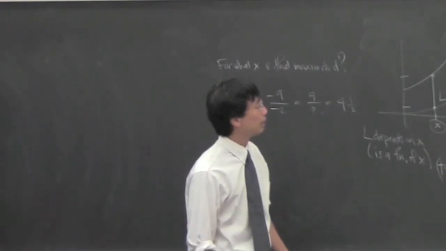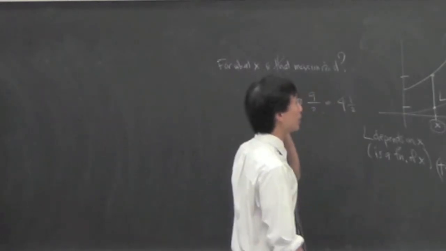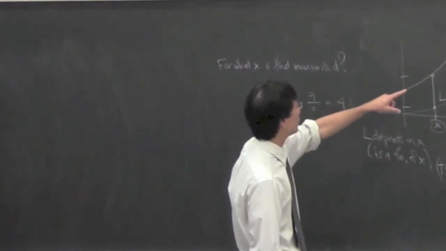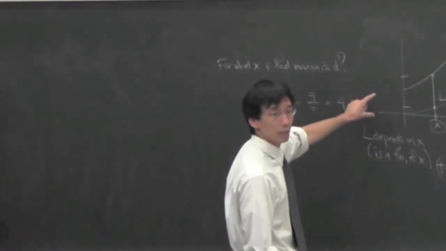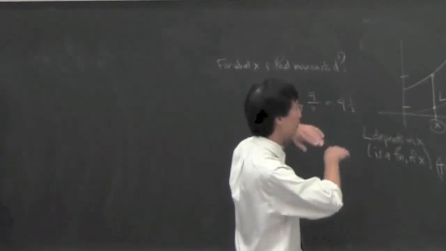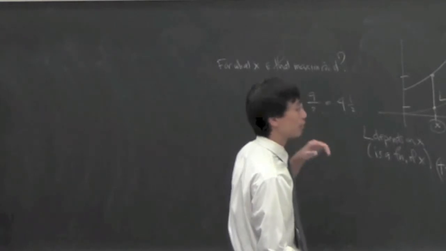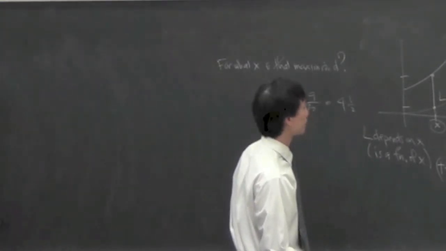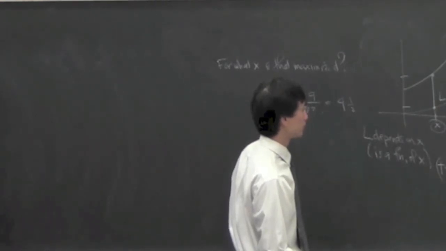4x squared equals x. That shouldn't work, right? Because that will tell you where the two lines intersect each other, right? That'll tell you the x for which there must be some. Because it works as one minus the other, so that's the same as one equals the other.